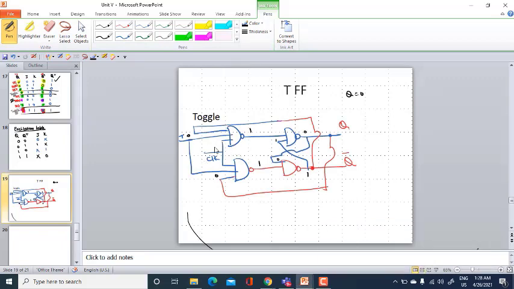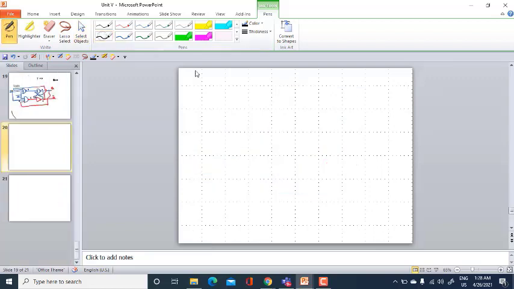J and K will be tied together and it is named as T. So again, how many combinations do we have here? We have Q and T, Q plus and Q bar plus. And these are the input combinations 0, 0, 0, 1, 1, 0 and 1, 1.